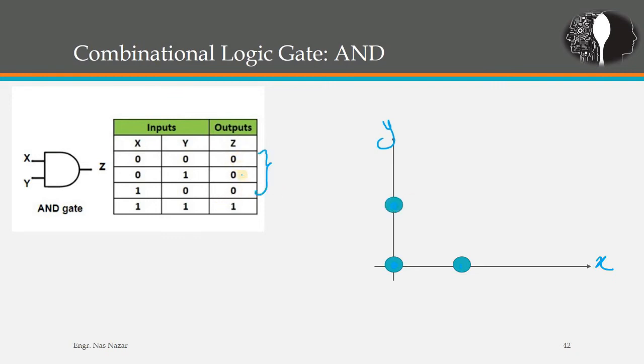For these three zeros, we are showing them with a blue circle. Another output that we have here is whenever the inputs are both 1. So let's show it with a triangle. If this is 1 and here we have 1, then 1 and 1 is somewhere around here and we are going to show it with a triangle.